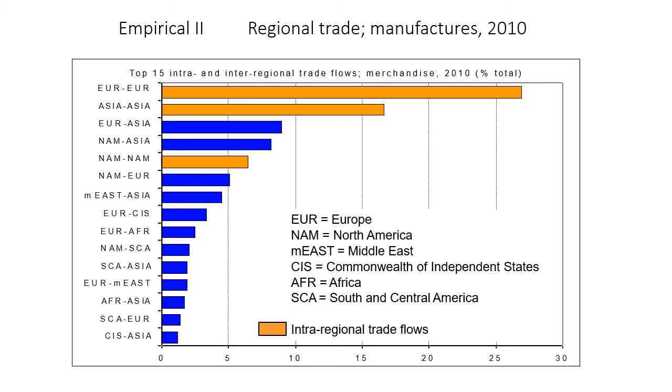And then if you look at Asia to Asia, that is roughly about maybe 17%. And then the highest inter-regional trade is from Europe to Asia, that is just under 10%. That looks like about maybe 8.5%. So this is the thing that we're trying to highlight. We're showing that from the world trade flows, a lot of it is to do with intra-regional trade.